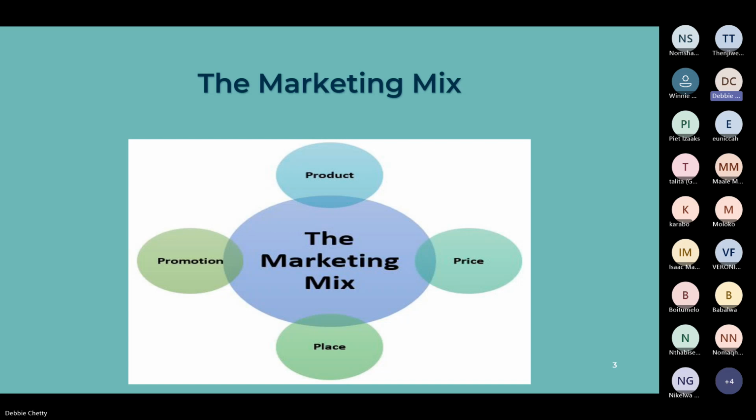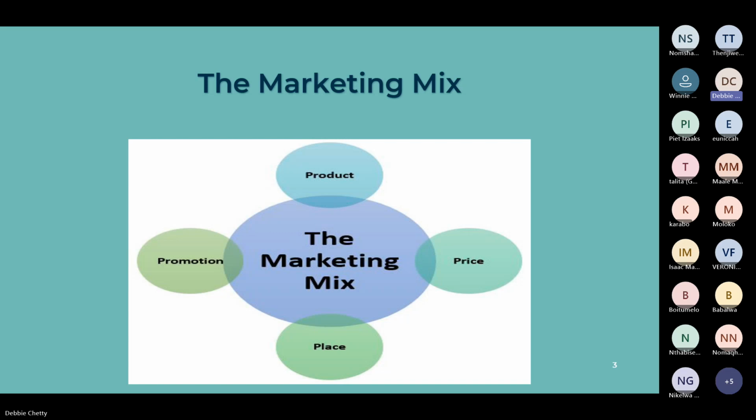So what we are saying is the marketing mix is a selection of marketing tools that include several areas of focus, that can be combined to create a comprehensive and effective plan. So the term refers to the 4 Ps: product, price, place, promotion.